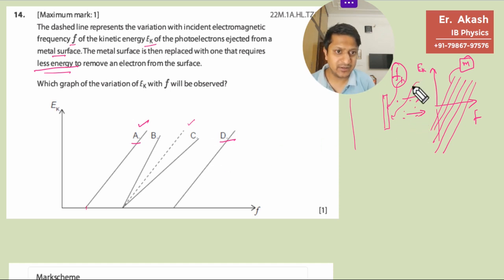If it would be D, more frequency would be required before it would be able to emit those electrons. So there are two things: one, it is nearer to the origin, so it will emit electrons more easily, and two, it is parallel to the dashed one. So A is our right answer.